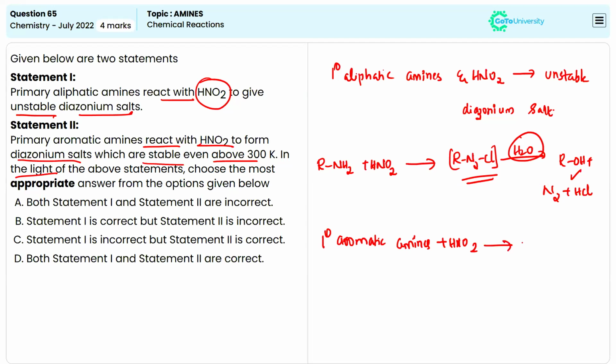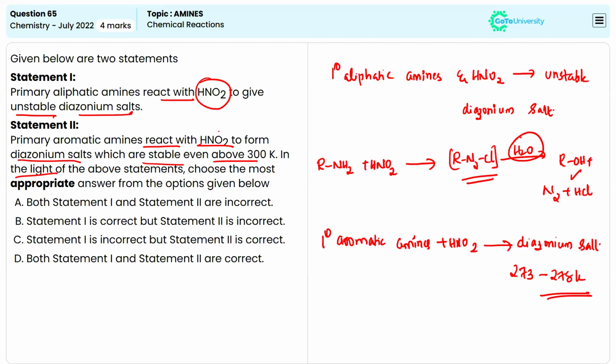Okay, they will also produce diazonium salt, and the thing is they are stable at a temperature between 273 to 278 Kelvin. So this diazonium salt produced will be stable at a temperature of 273 to 278 Kelvin.